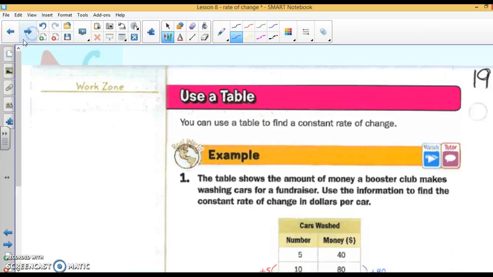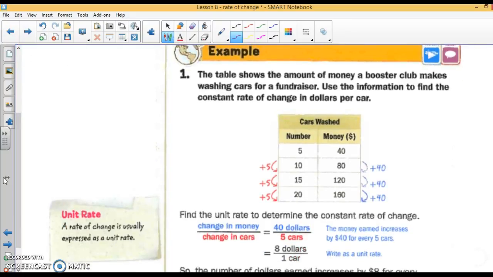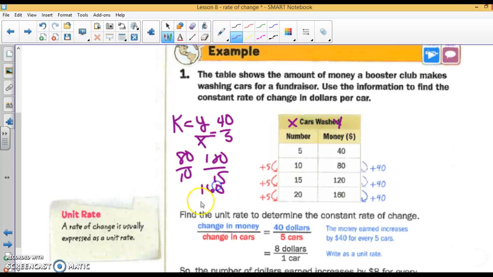Okay, so let's take a look at some of these examples. The rate of change here, x, y. And I'm going to show you a little bit differently than they do. Same thing, though. Our rate of change is k, which is y over x. If I do 40 over 5, 80 over 10, 120 over 15, and 160 over 20, the rate of change is going to be 8.